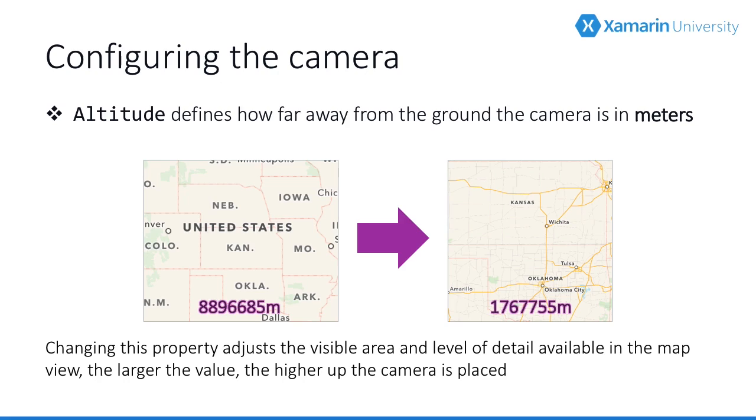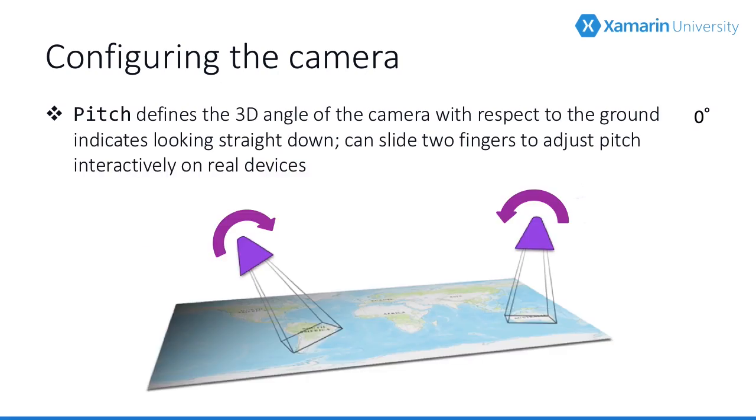So if our altitude of our camera is very, very near, then we're going to see high detail, but not a big picture. For instance, in this one, we can see that on the right side, we see only small portions of Kansas and Oklahoma. However, if the altitude of our camera is very, very high, as in the left picture, we see like 7 states.